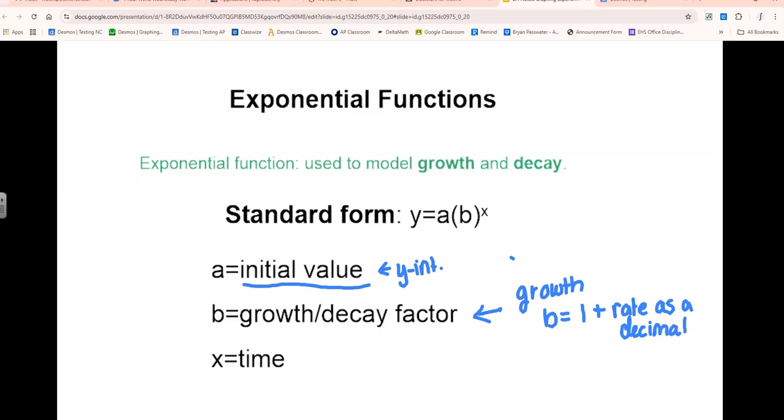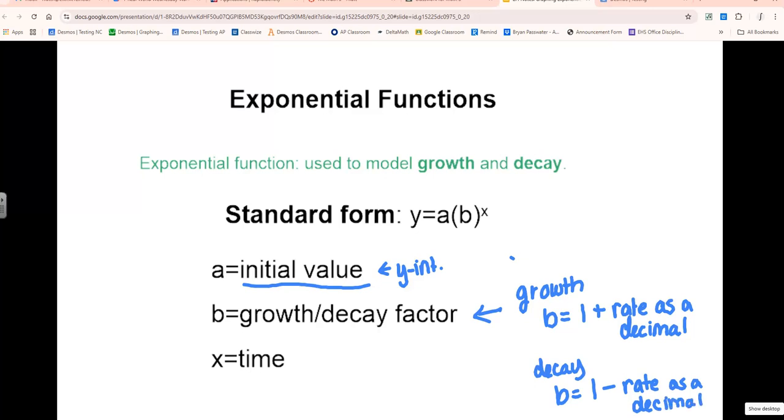So this would be things like if you put your money in a savings account, right, and you get 2% interest, then your B value would be 1 plus 0.02, right? If you have decay, if what you're looking at is decaying, your B value equals 1 minus your rate as a decimal.